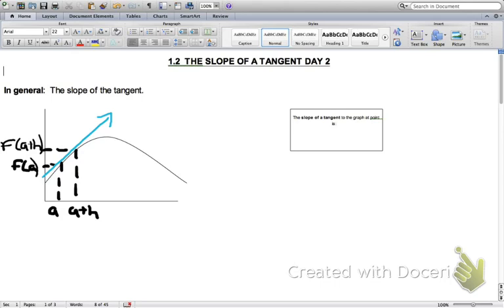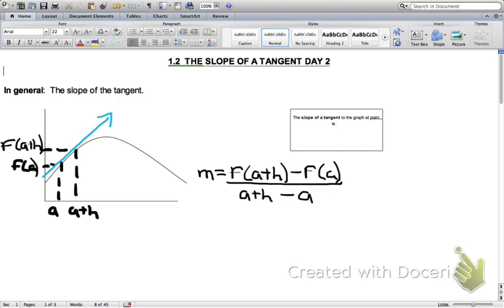In general, the slope of a tangent, as shown below at points A, f at A, and A plus h, f at A plus h, can be of the form m equals f at A plus h minus f at A, all over A plus h minus A, which when we collect our like terms is just f at A plus h minus f at A all over h.